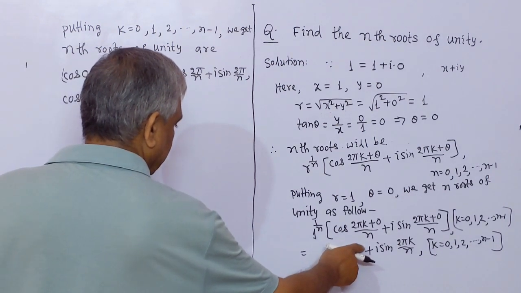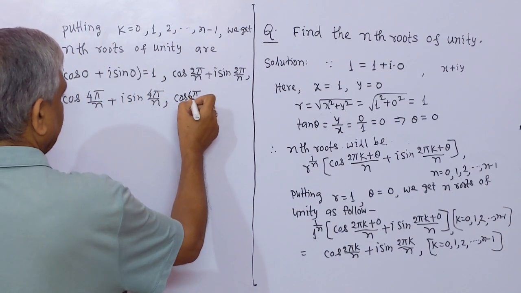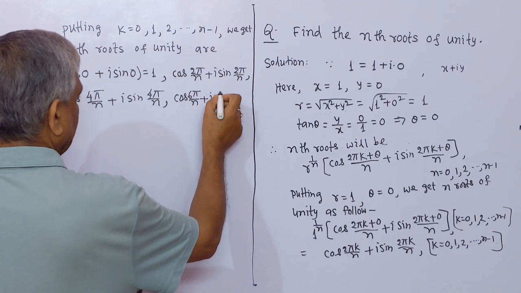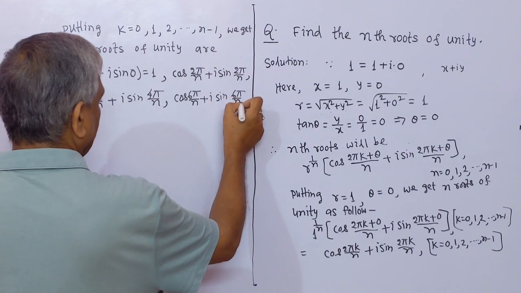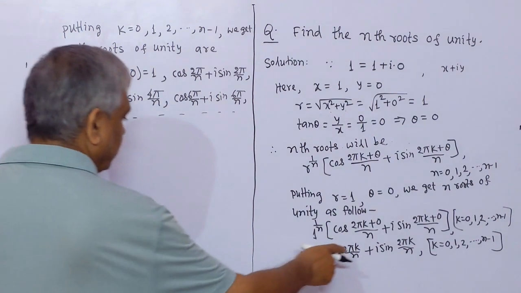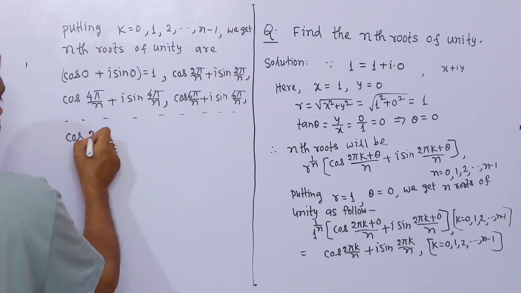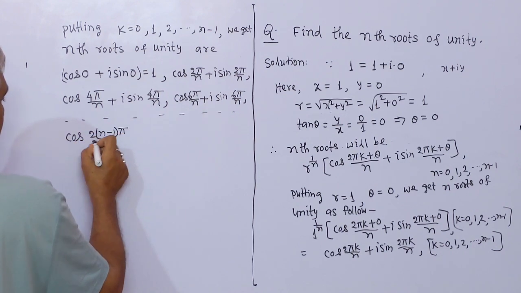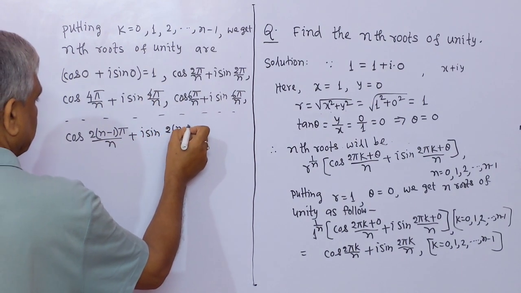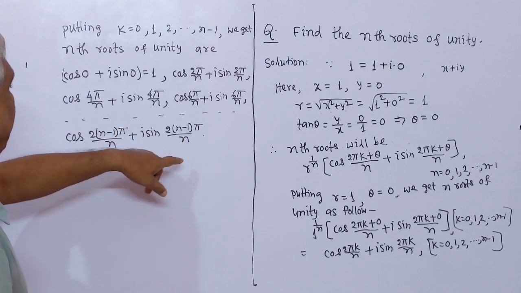When k equal to 3, then cos 6 pi by n plus i sin 6 pi by n, and when k equal to n minus 1, we get cos of 2(n minus 1) pi by n plus i sin of 2(n minus 1) pi by n. These are n number of roots.